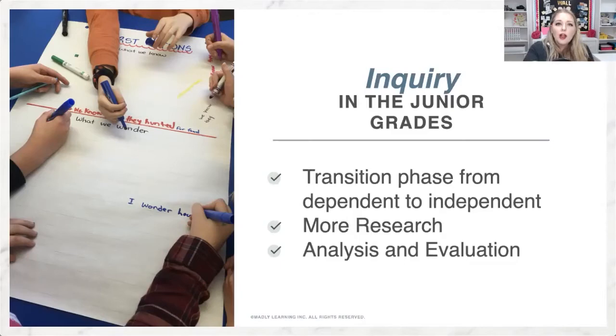And then we move on to high school and intermediate students in 7, 8, all the way to 12, and they're doing a lot more analysis. And when we look at the junior grades, these are kids in transition. It is our job as junior teachers to get them from primary to intermediate. And there is a lot of things that we can do that are going to get them through that phase.